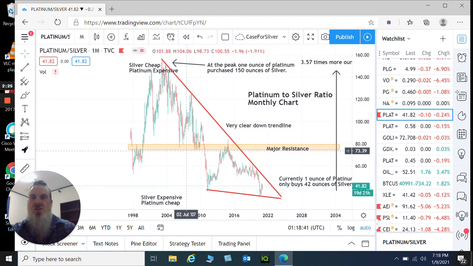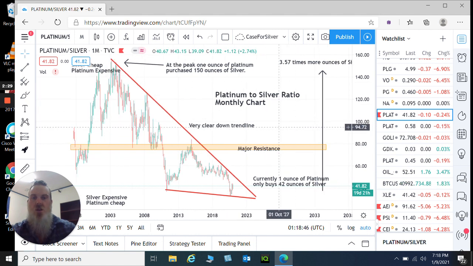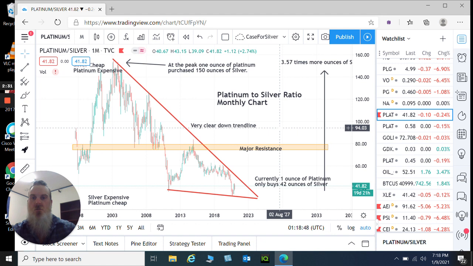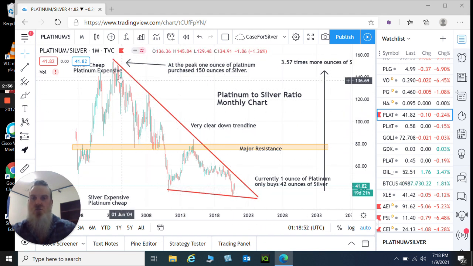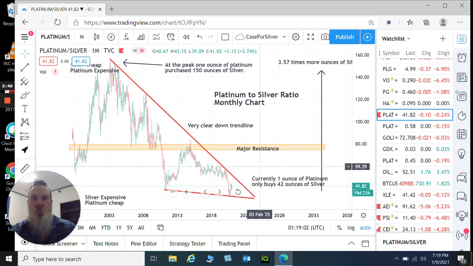This is the platinum to silver ratio. There are quite a few things on here. I'm just going to start by looking at this trend line. Nice trend line, 1, 2, 3, 4. This one didn't quite hit. And we've got a downtrend line down here, and we're winding up in this wedge. Currently, as we speak, 1 ounce of platinum only buys 42 ounces of silver.